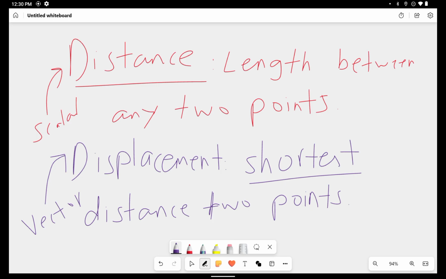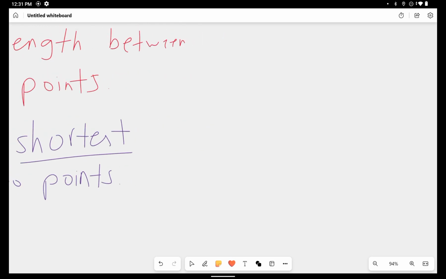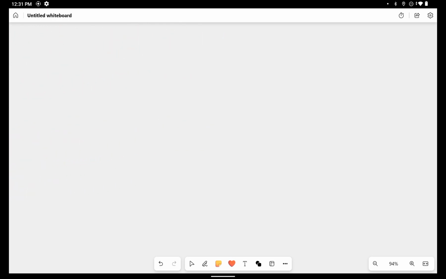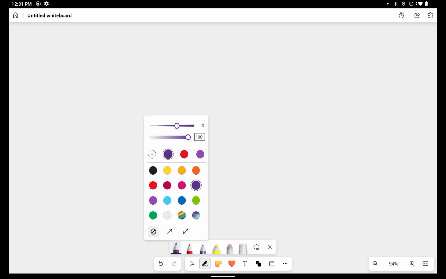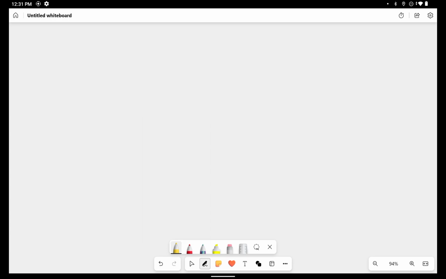Now to have a simple comparison, a contrast between the two, I provide you an example. Let's say there are two points, A and B. This is point A and this is, let's say, point B. We now have to travel between the two points.